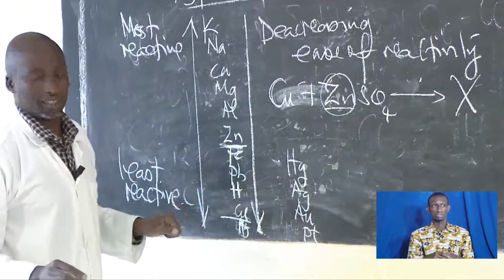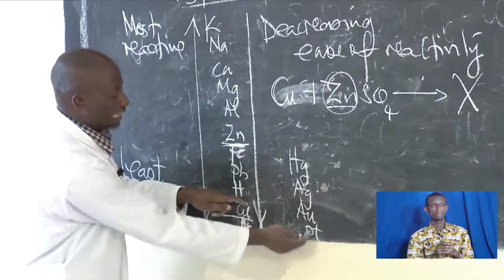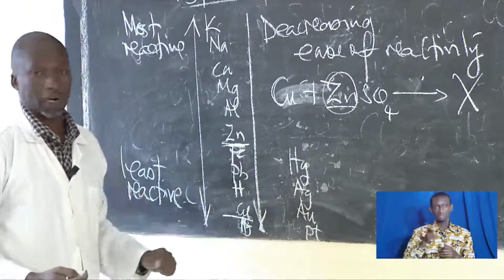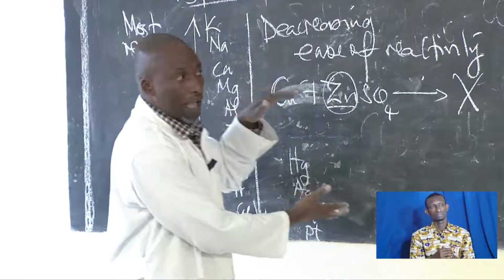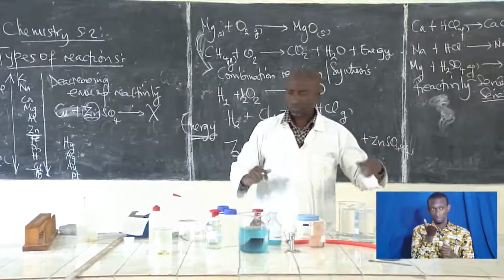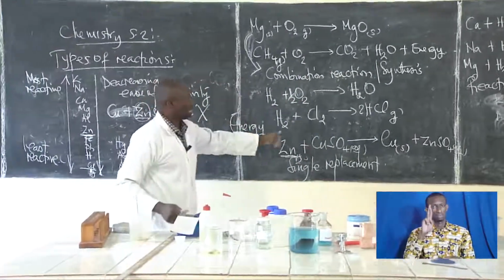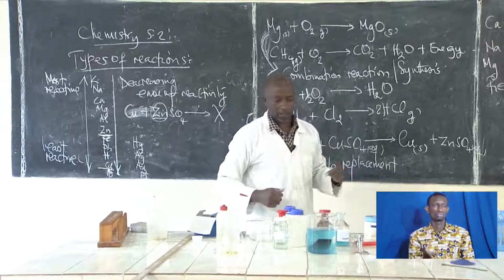Platinum is the least reactive. So this is the continuation of this one. The least reactive element is platinum. So remember what I'm talking about here. So this is another type of reaction that we talked about, which is single replacement.